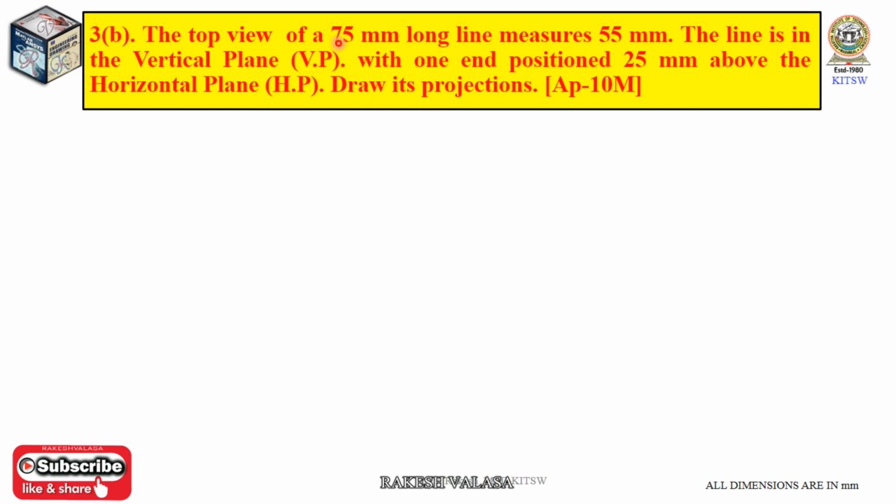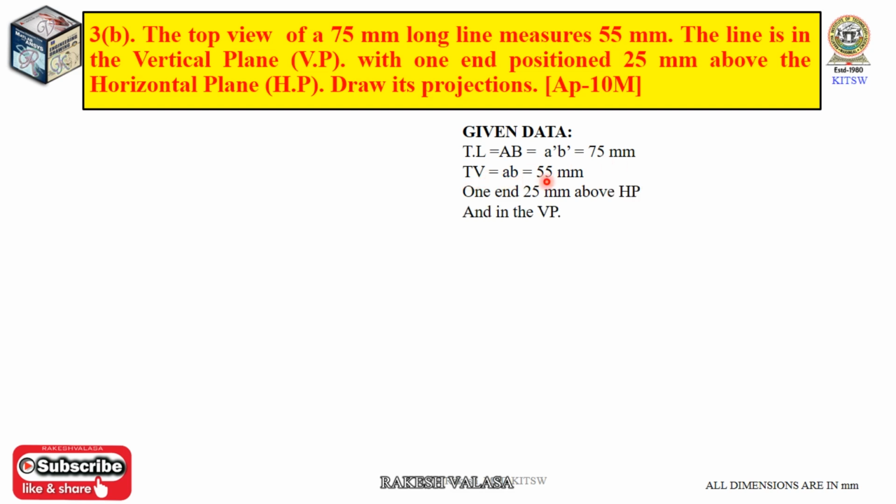True length is 75 mm, top view length is 55 mm, and one end is 25 mm above the horizontal plane. First note down the given data. True length AB or A dash B dash is 75 mm, top view AB is 55 mm, one end is 25 mm above the HP and in the VP.